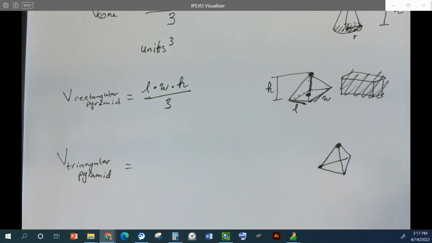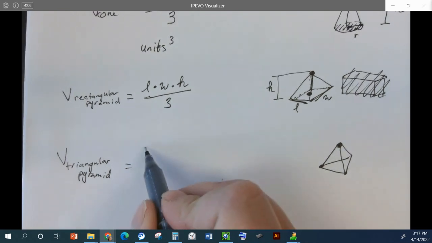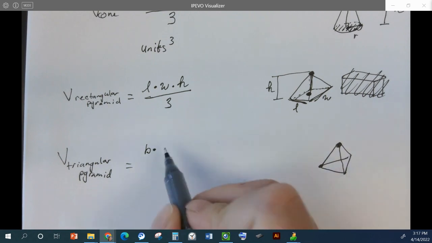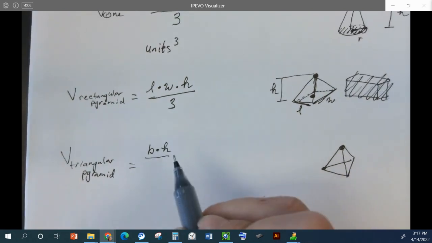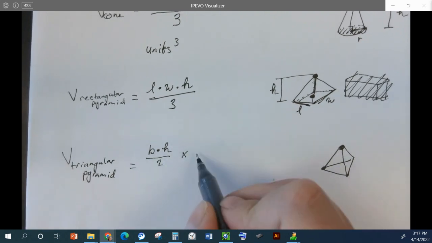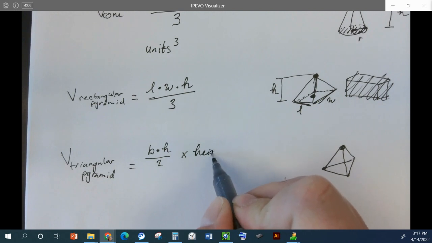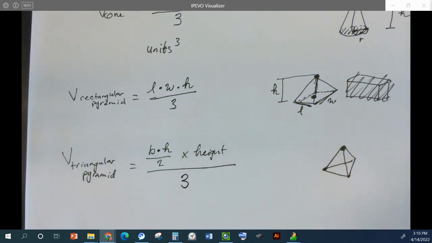So that's our triangular pyramid, and our formula is the base of the triangle times the height of the bottom triangle, divided by 2, and then we multiply by the height of the pyramid, and then we divide this by 3.